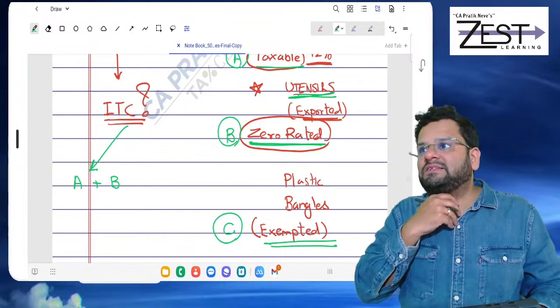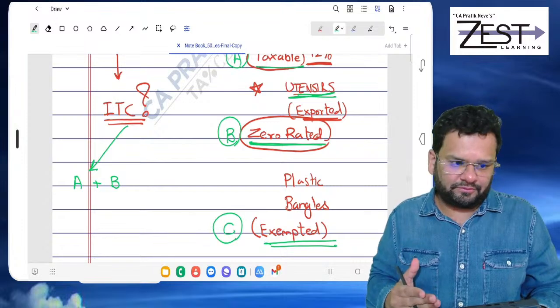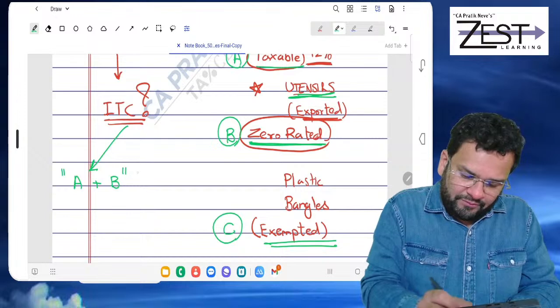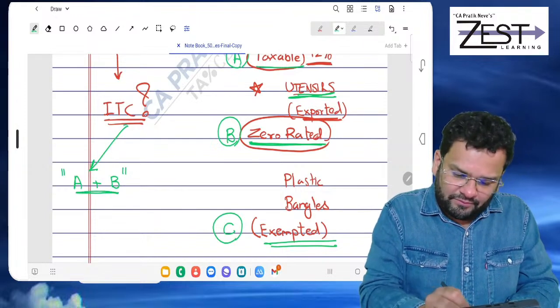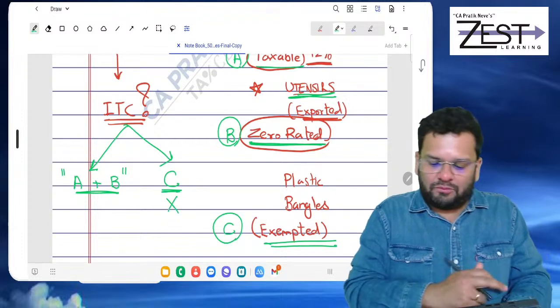It's an incentive given to exporters. So in case of A plus B, you can avail ITC. In case of C, ITC cannot be availed.